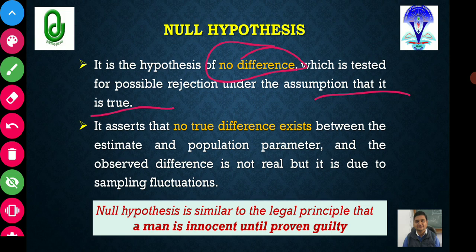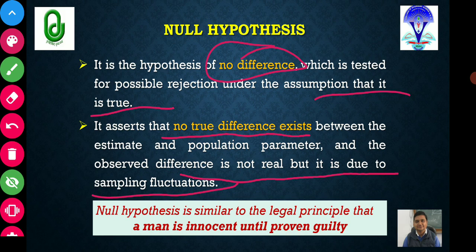This is called the null hypothesis, the hypothesis of no difference. It asserts that no true difference exists between the estimate and the population parameter, and the observed difference is not real but is due to sampling fluctuation.